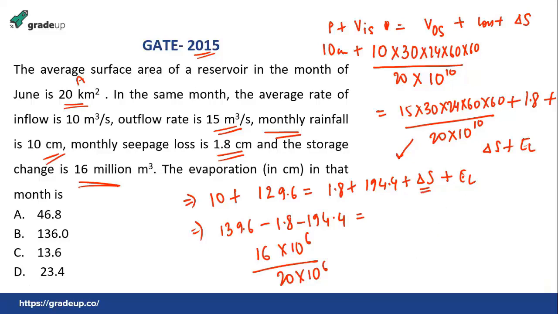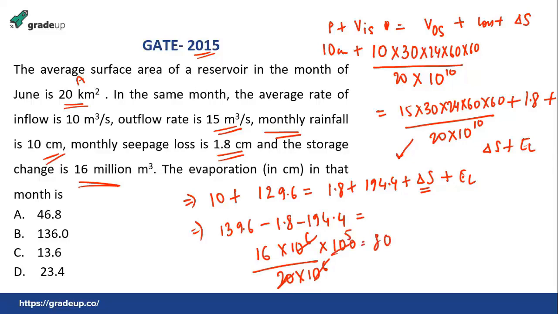So this 16 million meter cube is converted into meter cube, and then 20 is actually in kilometer square, and we are converting into meter, then we have to multiply it by 100. So what we will get, this will be 80.